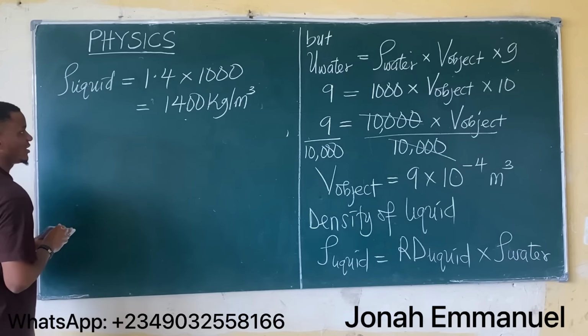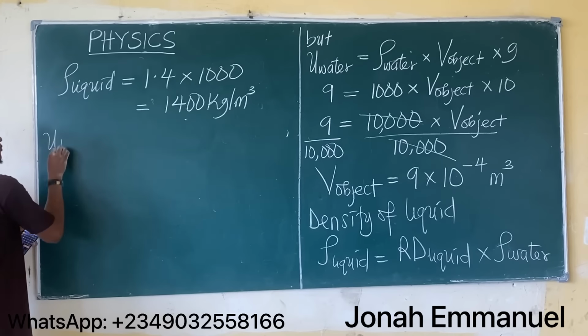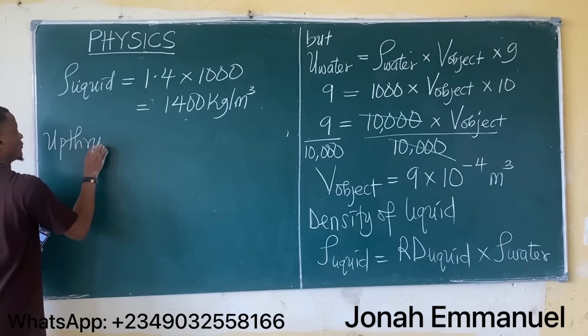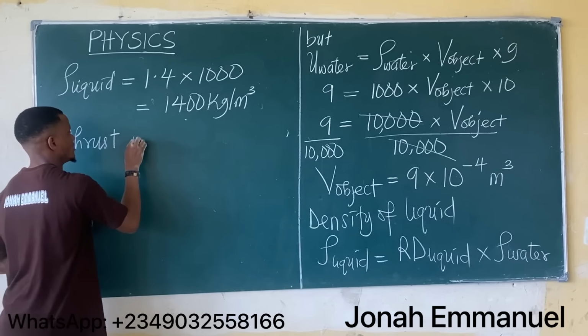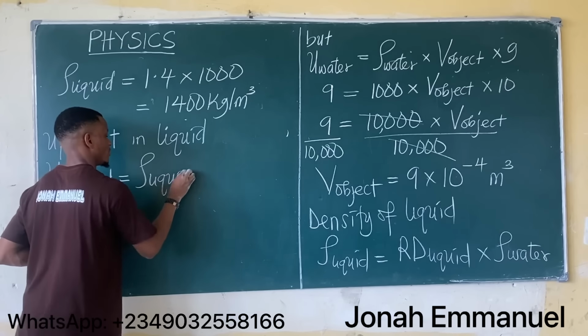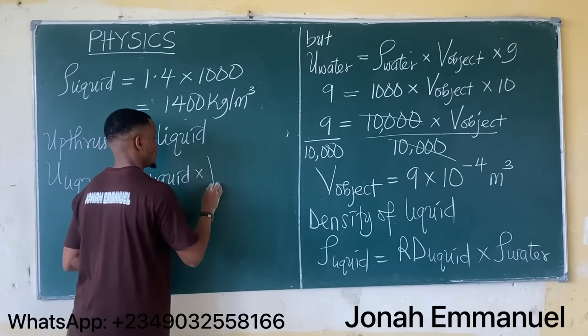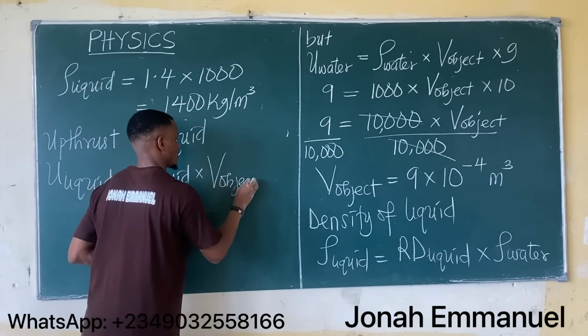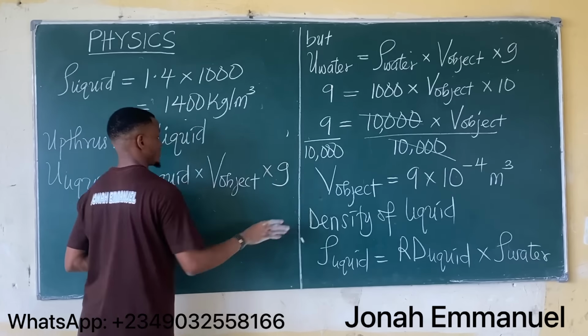So from here, we can now get the upthrust. Let's get the upthrust in liquid. U liquid is equal to density of liquid times volume of object times gravity.